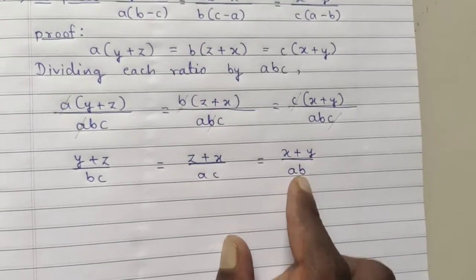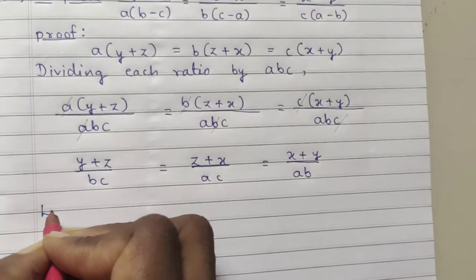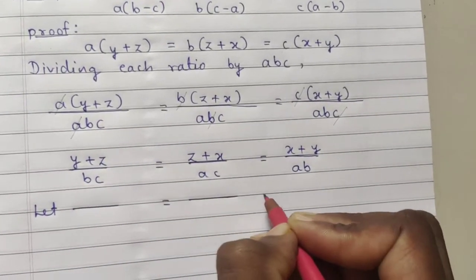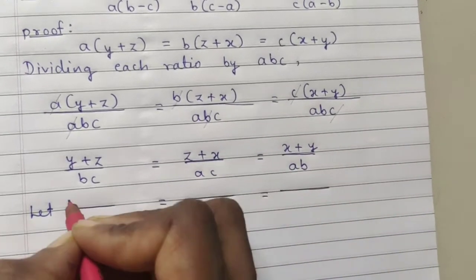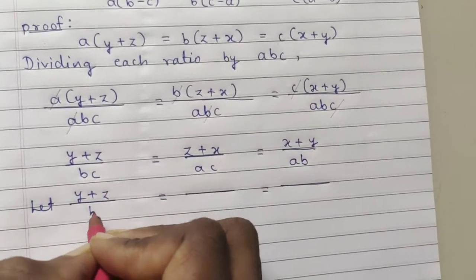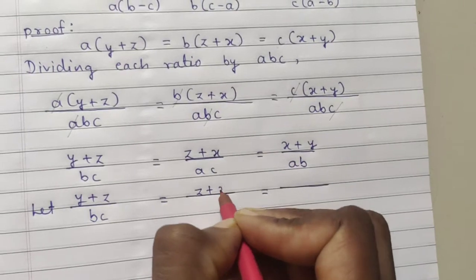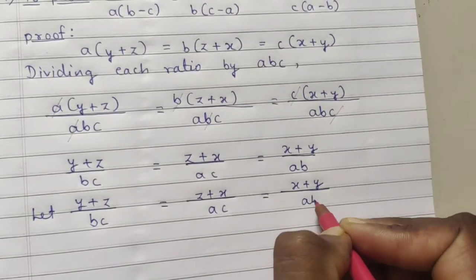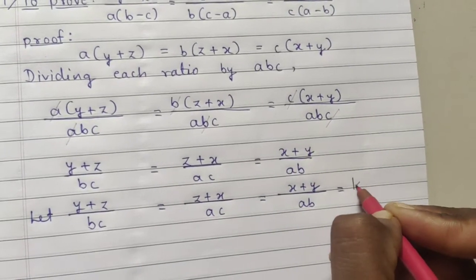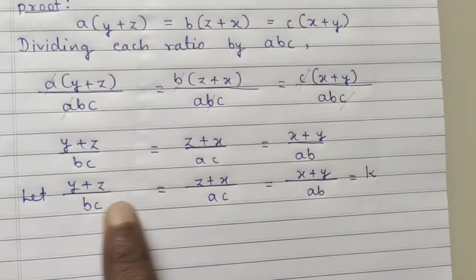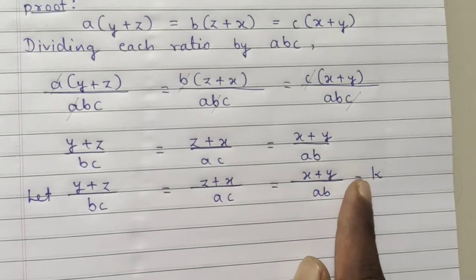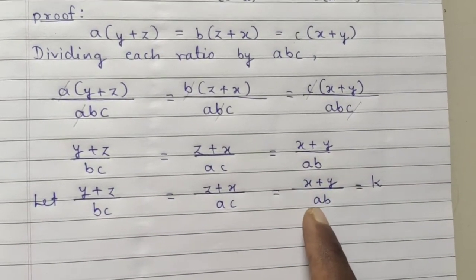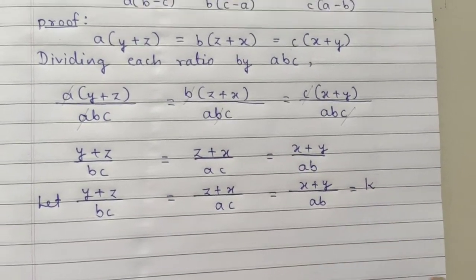Now see the next step. We are going to consider each ratio equal to k. This is (y + z)/bc, this is (z + x)/ac, this is (x + y)/ab. So each ratio is equal to k. This one is equal to k, this one is also equal to k, and this one is also equal to k.